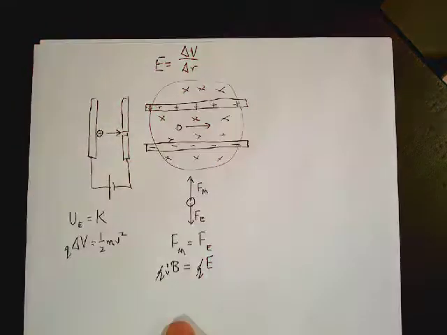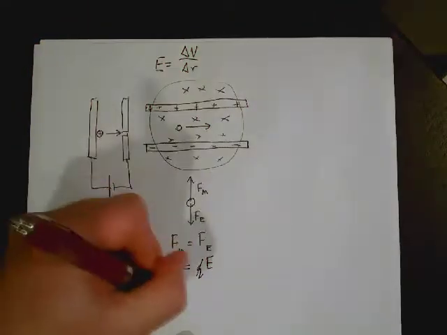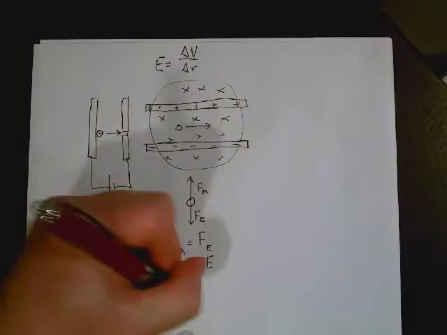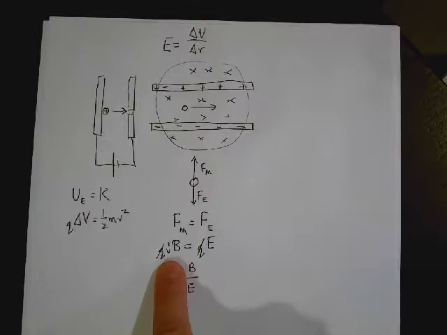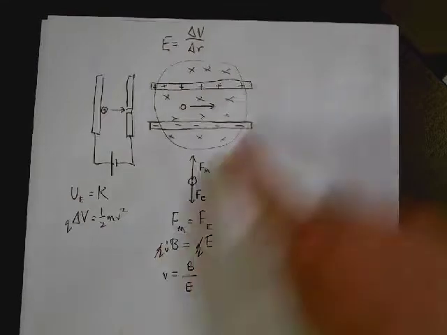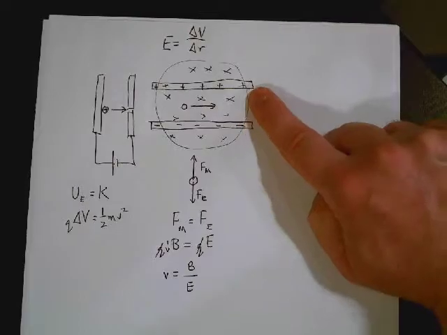One of the things I hope you guys are getting good at is being able to find stuff on your formula sheet, because that's an important skill to have. And then your Q goes away, and you could say V equals E over B.